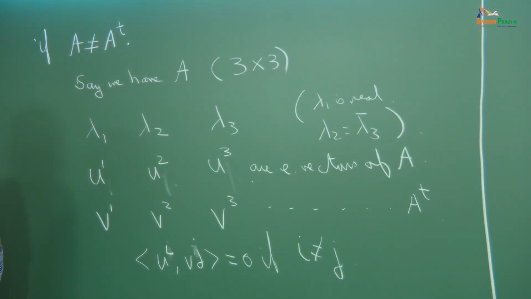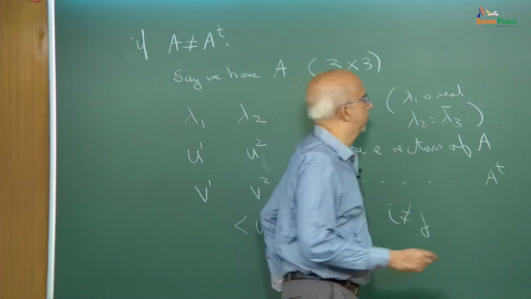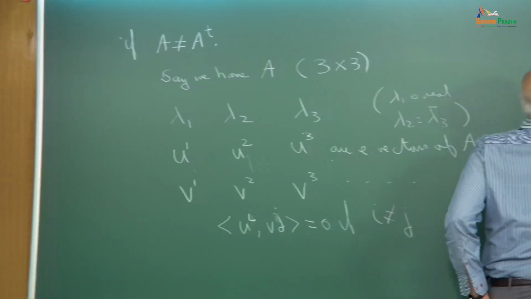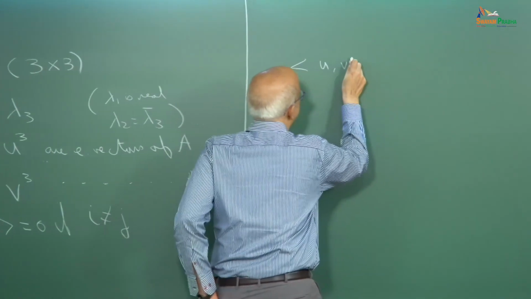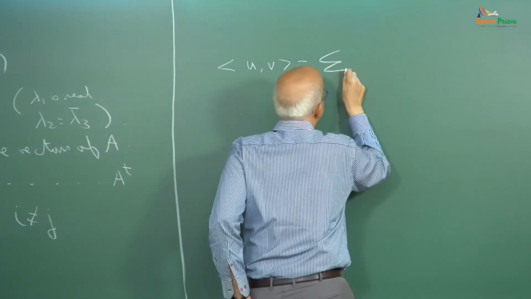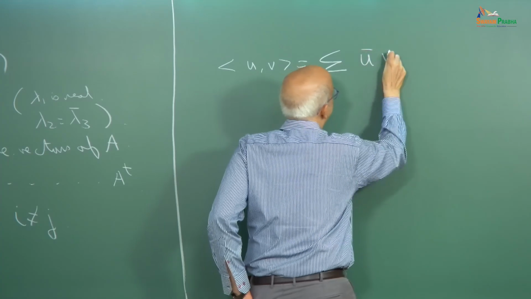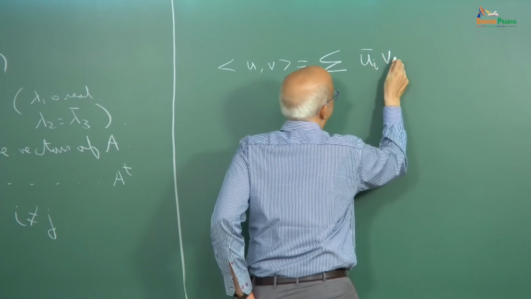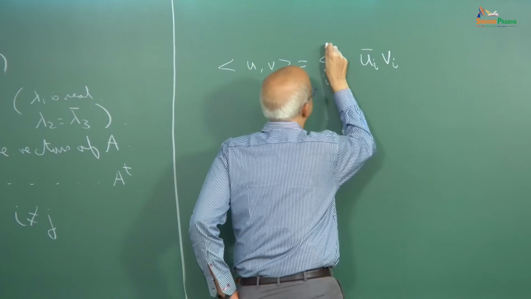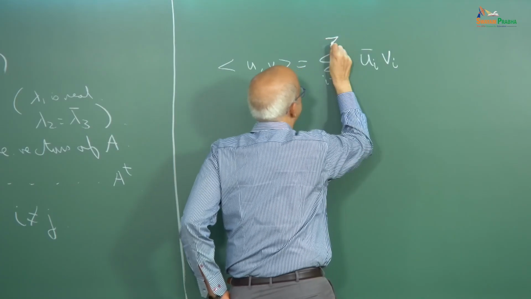Only thing is, since we have complex eigenvectors, we have to work in the complex space. So, now you need to have the inner product of u with v defined as sigma u bar i v i, and in my case, it is 3.